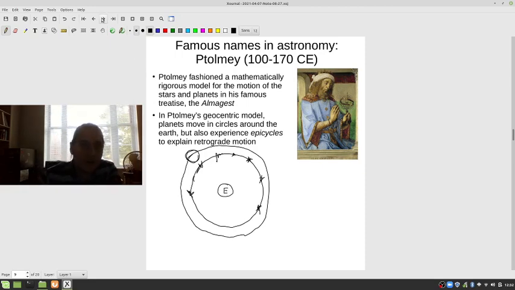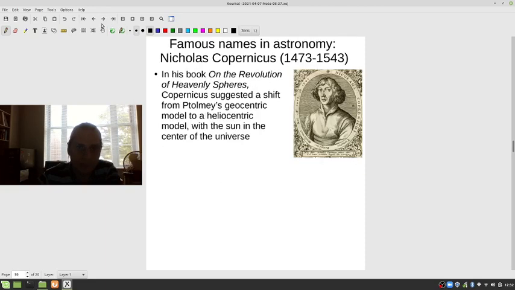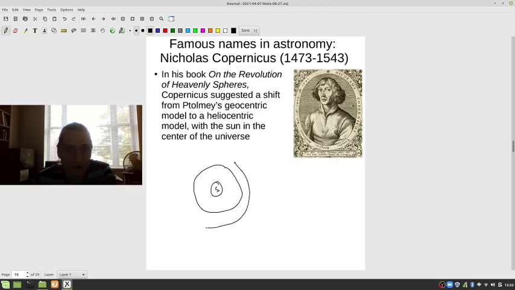What changed was our point of view about things, and we honor Copernicus not because his math was better, but because he had a totally different conception of how this might work. And in his conception, the sun's in the middle, and the planets and the Earth go around in perfect circles.